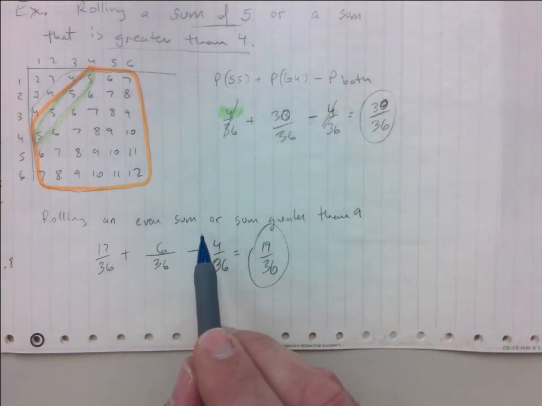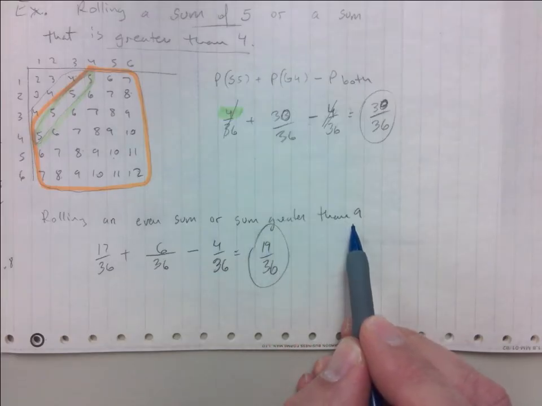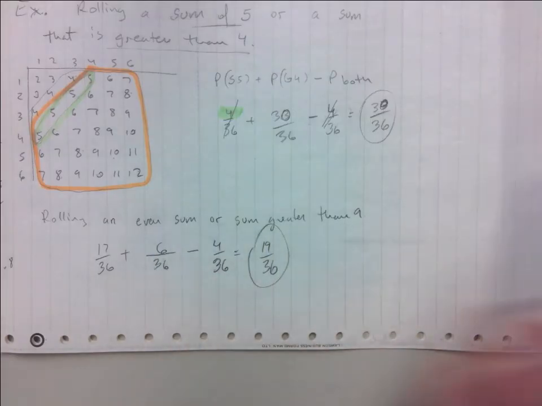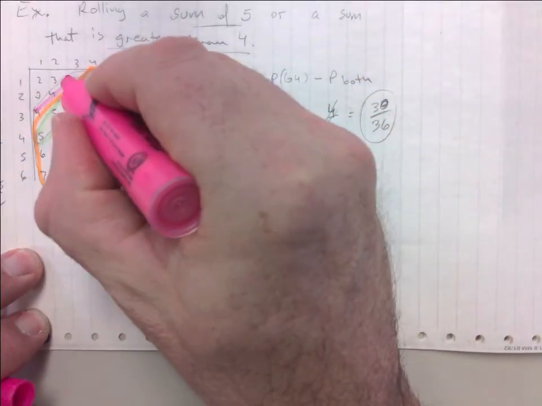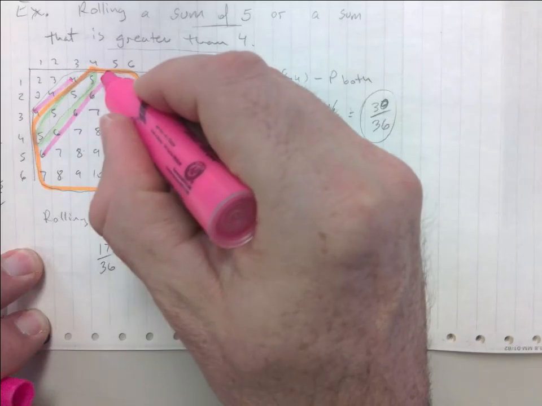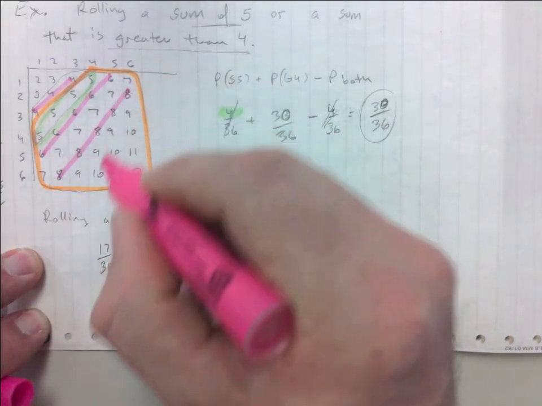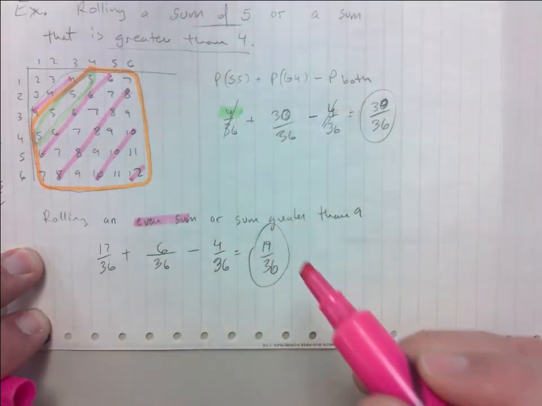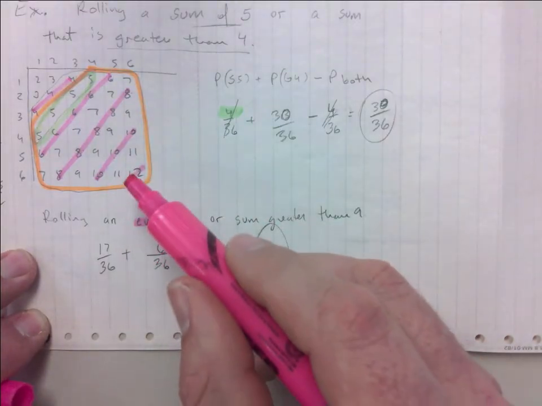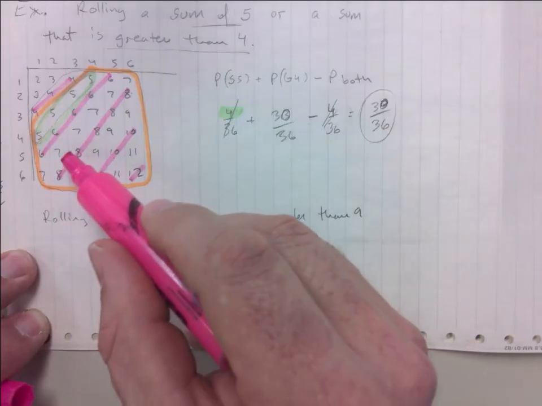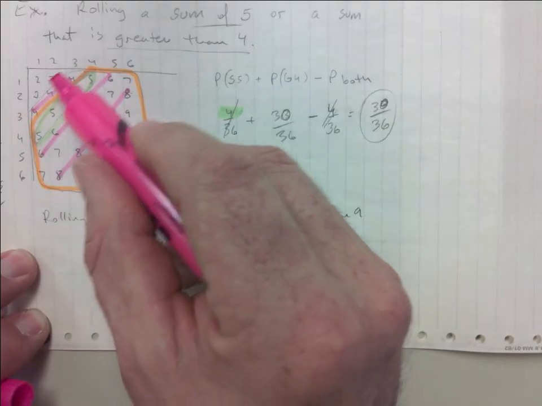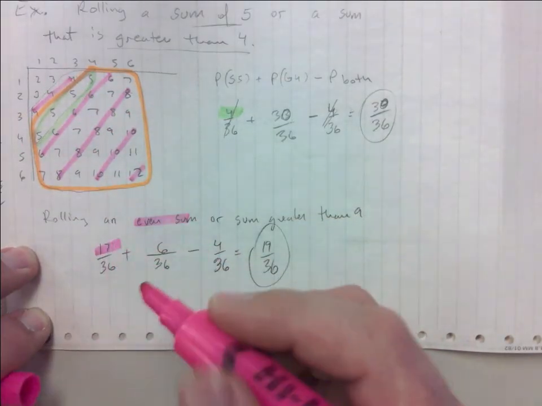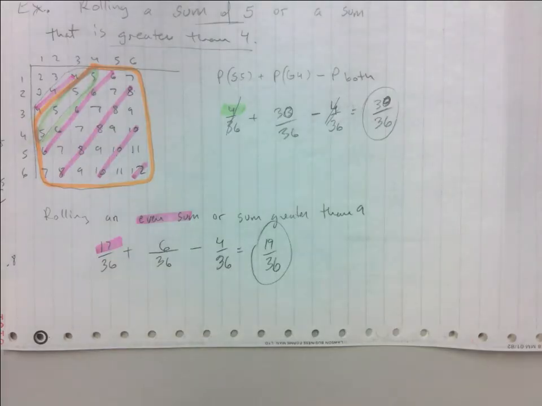Rolling an even sum or a sum greater than 9. Okay, even, I'm going to use a different color here. An even sum would be your 4, your 6, your 8, your 10, your 12. I have 17 according to this, so this is 4, 5, 6, 7, 8, 9, 10, 11, 12, 13, 14, 15, 16, 17. So 17 out of 36 are even sums.